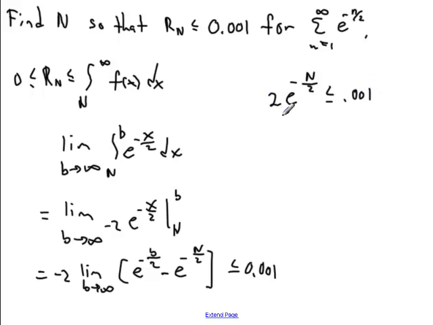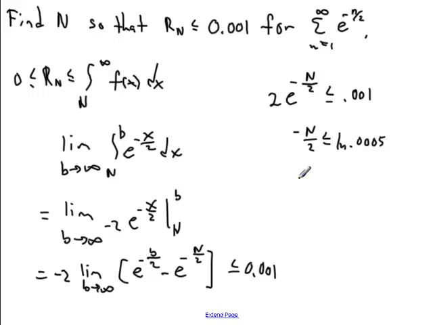And so we divide by 2, take the natural log, we get minus n over 2 less than or equal to ln of 0.0005, and we got rid of the e, so we have to have a natural log here.